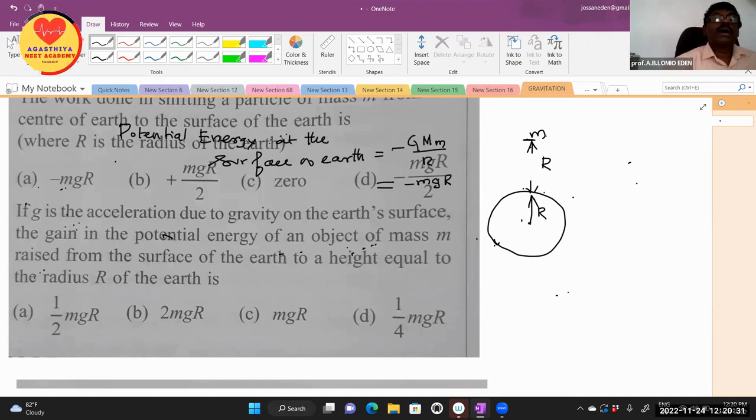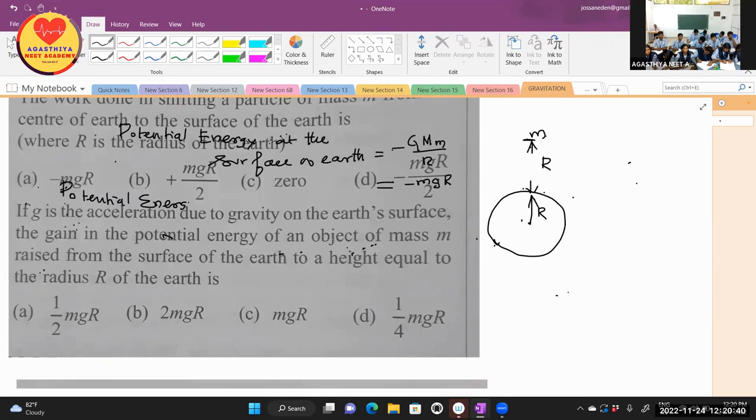Now that mass is raised to a height equal to the radius of the earth. Therefore, the potential energy changed.